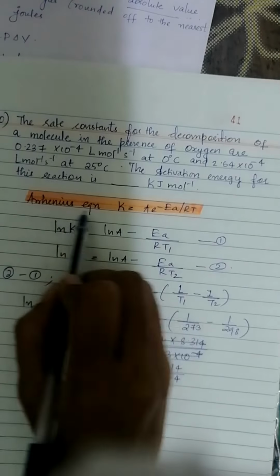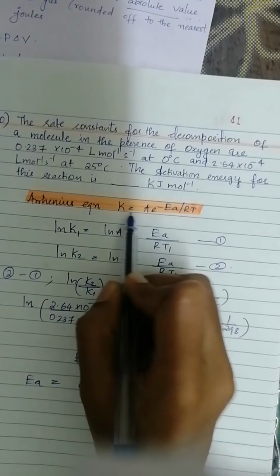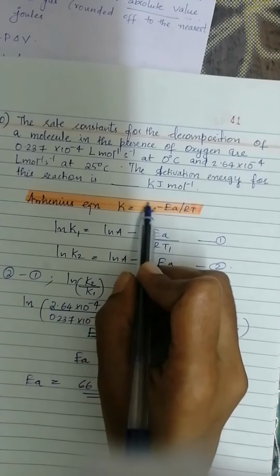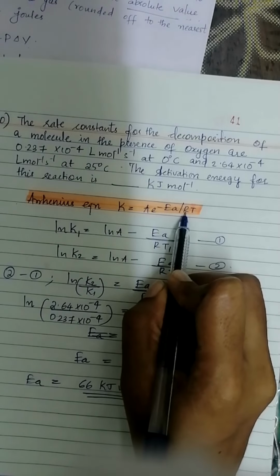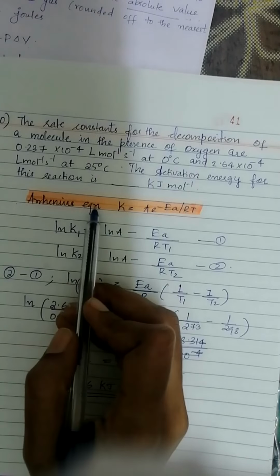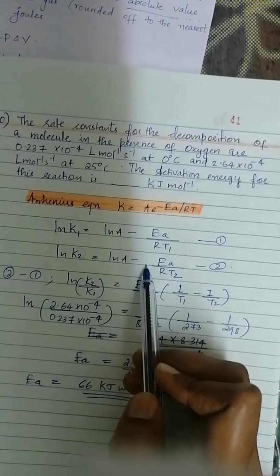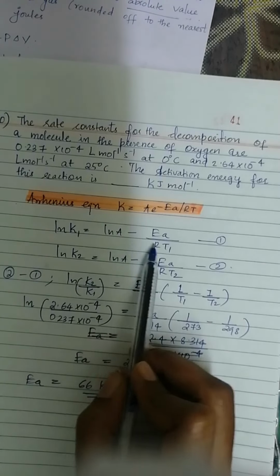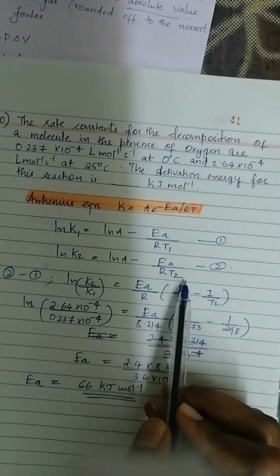So we know the Arrhenius equation: K is equal to A e raised to minus Ea by RT, where K is the rate constant, A is the Arrhenius constant, Ea is the activation energy, R is the universal gas constant and T is the temperature. Now since we have two rate constants corresponding to two temperatures, we can write ln K1 equal to ln A minus Ea by RT1, and ln K2 equal to ln A minus Ea by RT2.